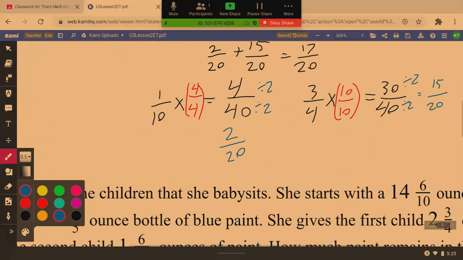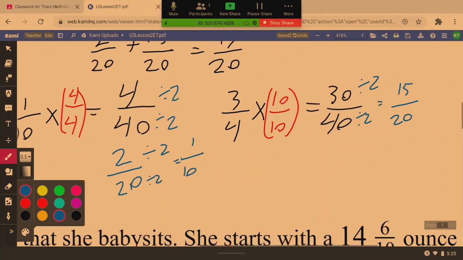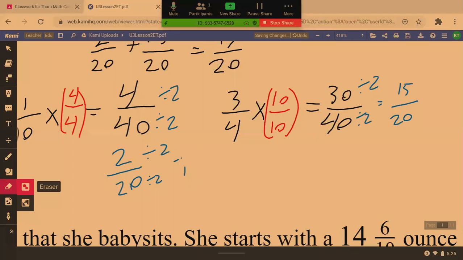Now, I could divide 2/20 by 2 again, but if I did that, we would be back to 1 over 10, and I can't add that to 15 over 20 because the denominators would not be the same. That's why we manipulated it. So we are going to keep it at 2 over 20.